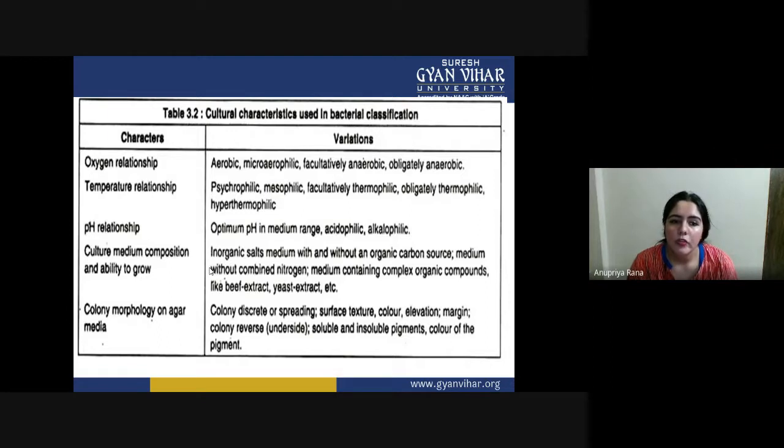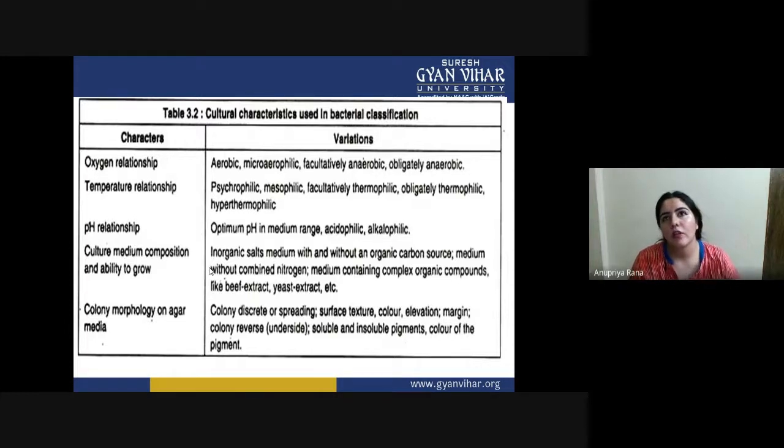Culture media composition and ability to grow. The next parameter is the composition of the culture medium and the ability to grow. What kind of composition can be seen here? Inorganic salt medium with an organic carbon source, medium with combined nitrogen, medium containing complex compounds like beef extract and yeast extract.